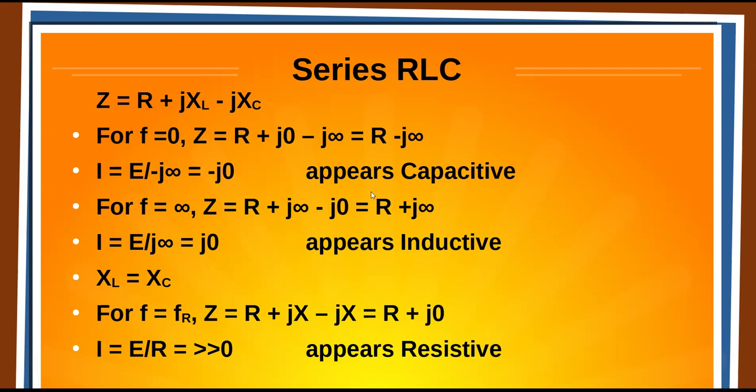What's the last dot there? I equals E over R equals everything greater than zero. What's that symbol indicate? The current is equal to E divided by R, so it's going to be much, much greater than zero, and it's going to appear resistive.